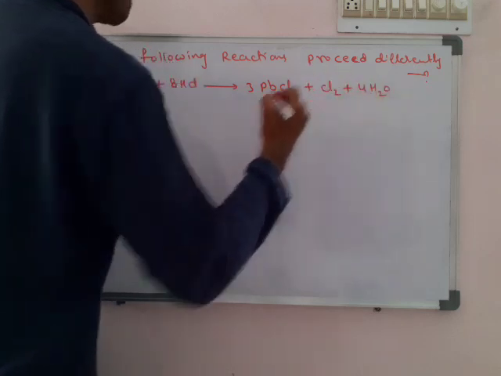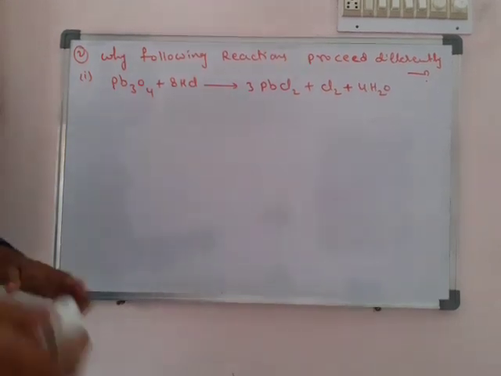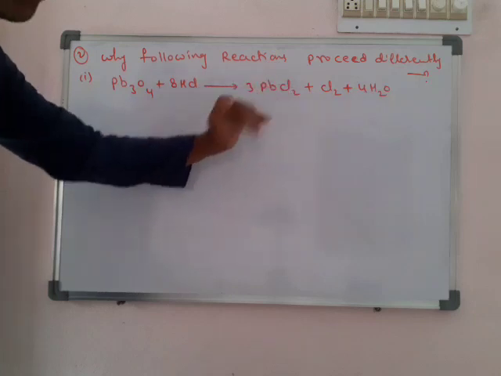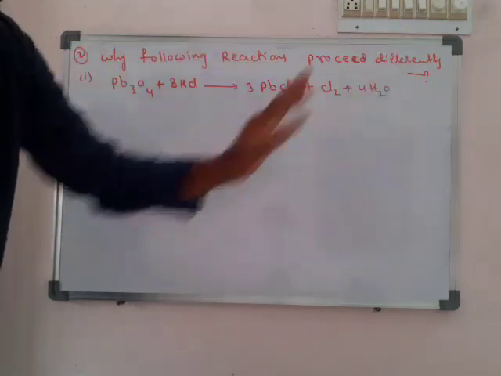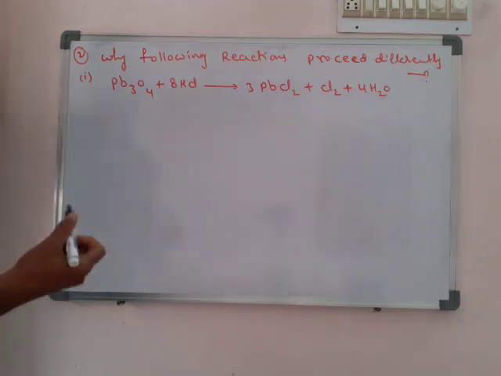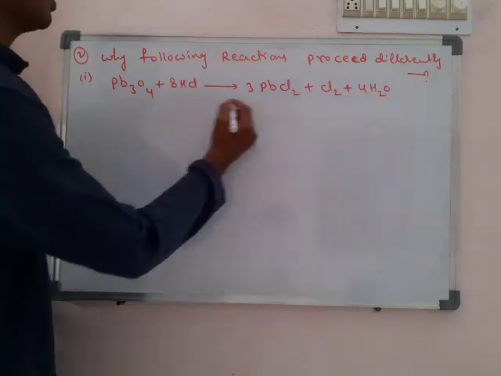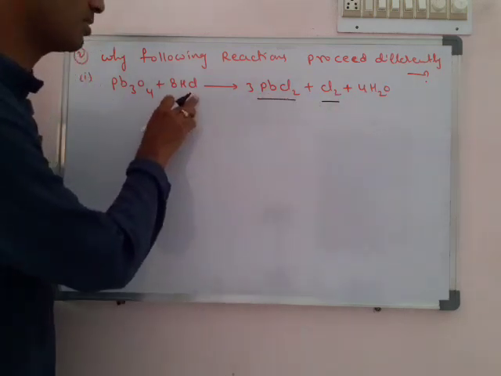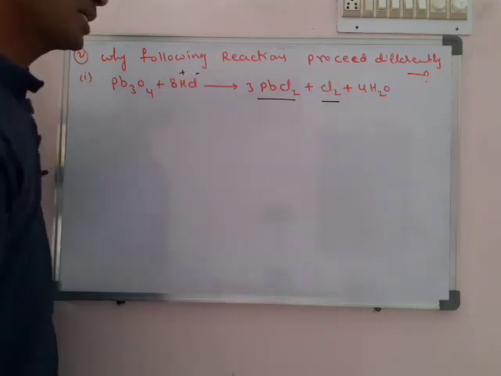So what is the importance of this reaction? Okay, so here in the question itself it is given why the following reactions proceeds differently. So what is the difference? So ఇక్కడ మనకి Pb3O4 ఇక్కడ ఫామ్ అయింది మనకి PbCl2 and Cl2. ఇక్కడ Cl minus Cl, actually this is H plus Cl minus is reduced to Cl2.